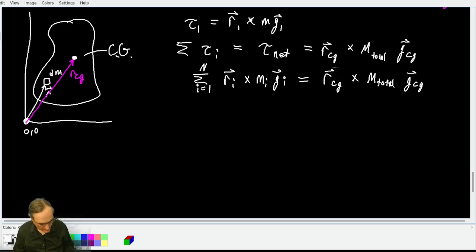And we're trying to figure out what R_CG is going to look like. So, let's regroup this a bit.